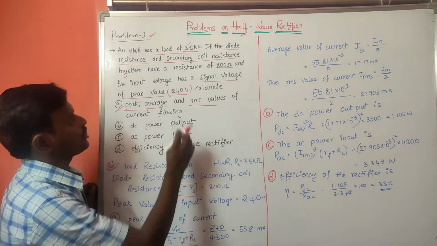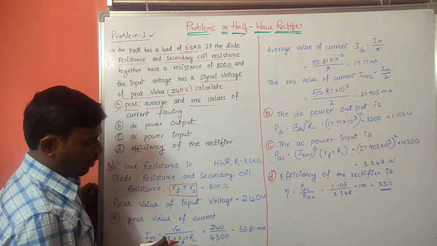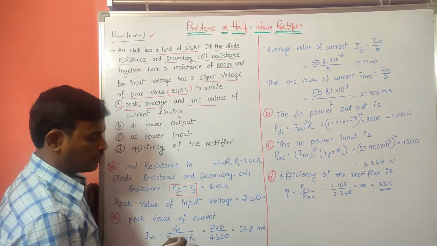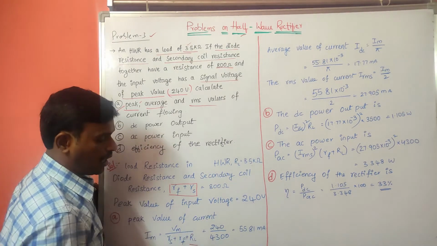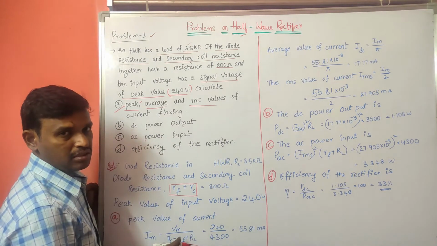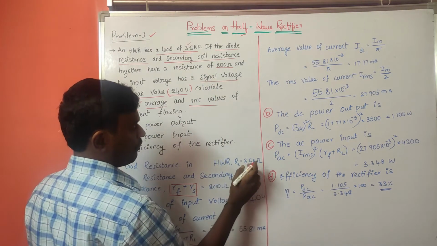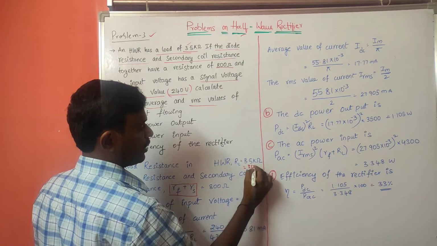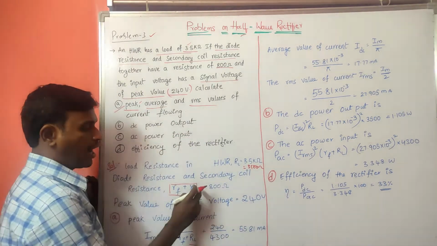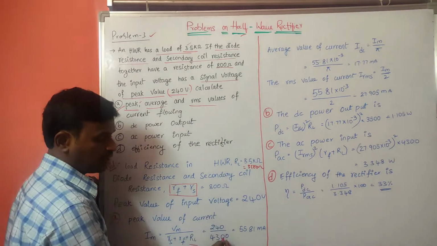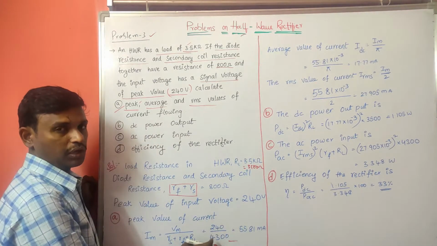RL is given, and Rf plus Rs is combinedly given. RL is 3500 and Rs plus Rf is 800. So that is 240 by 800 plus 3500, that is 3500 ohms. Rs plus Rf plus RL is 3500 plus 800, which is 4300.